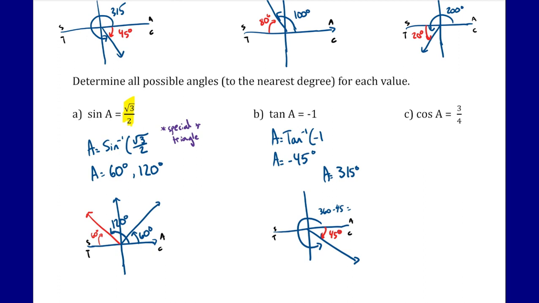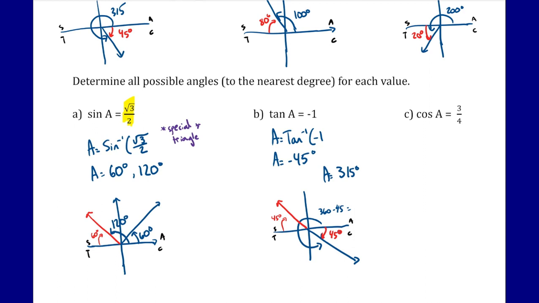The other option where tan is going to be negative: it's not going to be negative in A, and not in this quadrant on the bottom. It's going to be negative somewhere up in this quadrant here. Again, to figure out that angle, we use the reference of 45 degrees, going the opposite way.